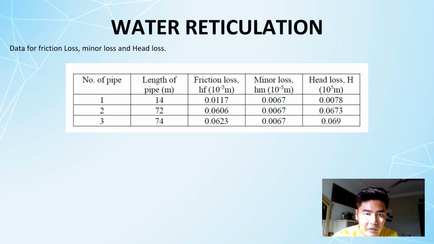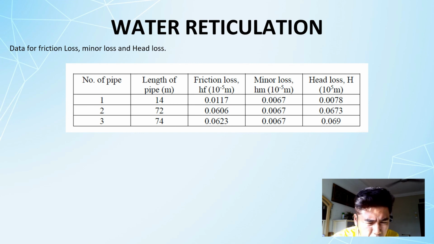Next is the data for friction loss, minor loss, and head loss that I put in a table. For pipe 1, the length of pipe is 14. From the calculation, the friction loss is 0.0117, the minor loss is 0.0067, and the head loss is 0.0078.